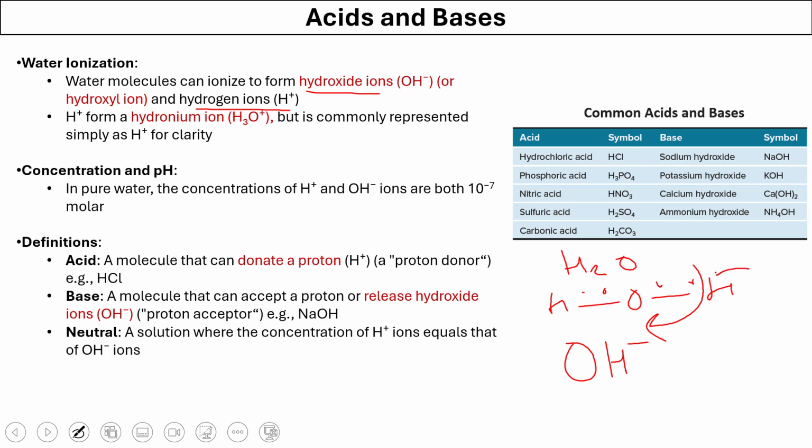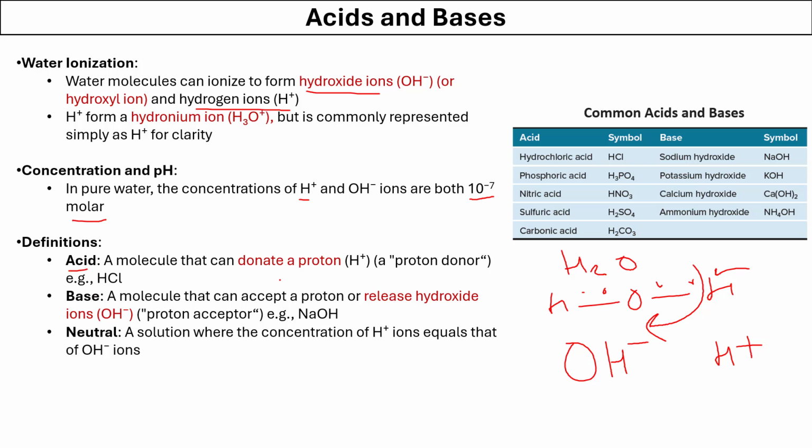The hydrogen that has lost the electron will become H positive. In pure water, how many H positive ions do you have? It is 10 to the power minus 7 molar concentration. So any liquid that has 10 to the power minus 7 molar concentration of H positive ion will be considered neutral in its pH.